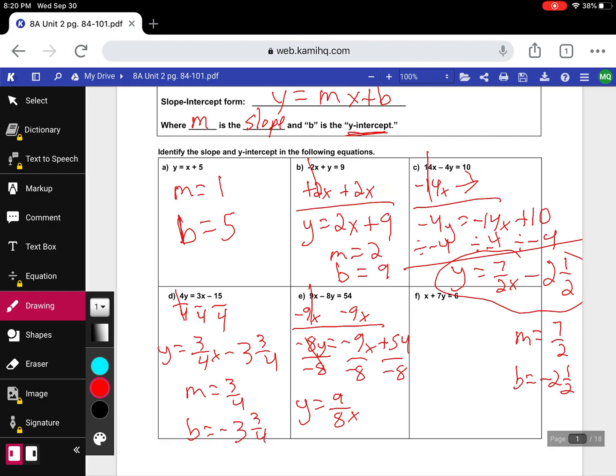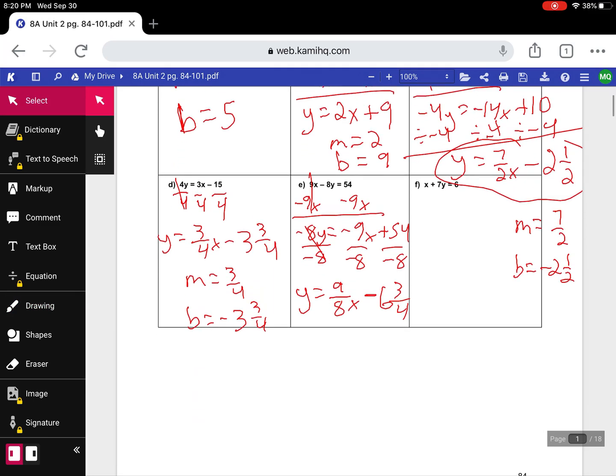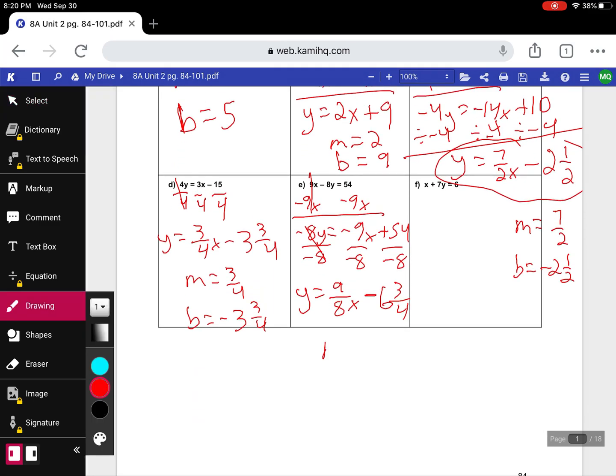I'm going to leave that as improper. Positive over a negative is a negative. 54 over 8 becomes negative 6 3/4. So we've got a slope of 9/8, and a y-intercept of negative 6 3/4.